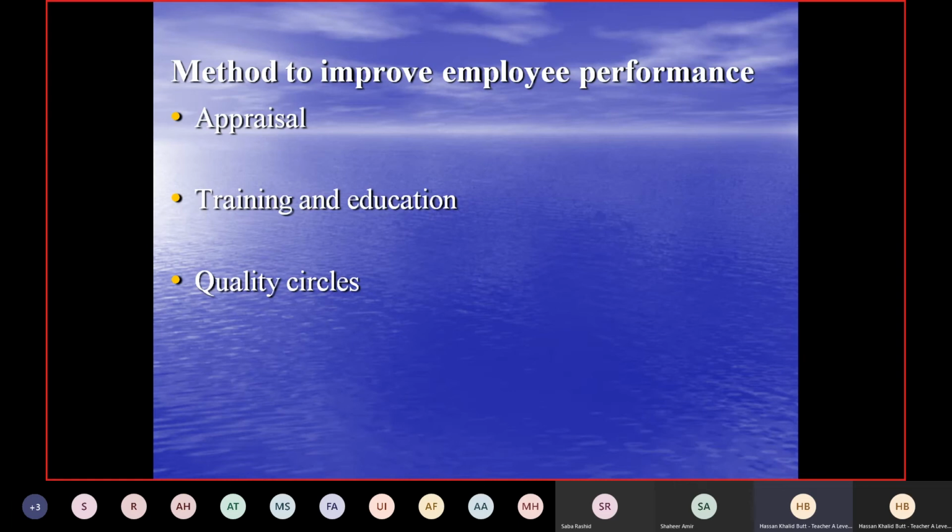So when they identify those issues, they then suggest a solution to it. Obviously they cannot take the step to resolve the issue, but they can suggest a solution. Then the report is sent to the top level management. They see the issues and the solution given by the quality circle, and then they take the decision on that basis, right? So this is again a very good way to do it. Why? Because here workers' participation is there.